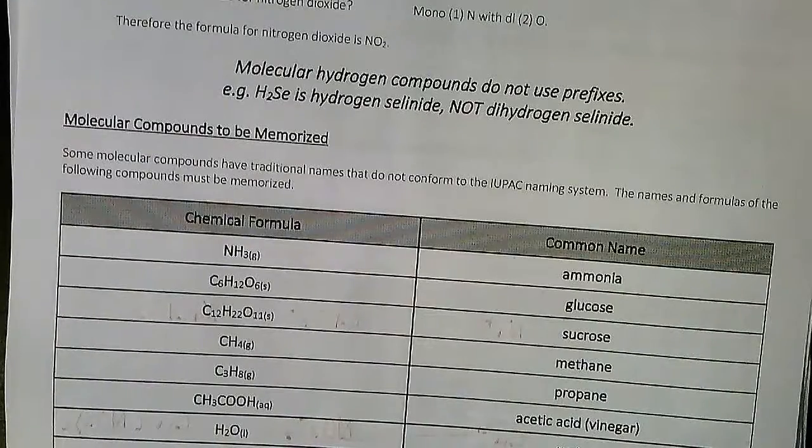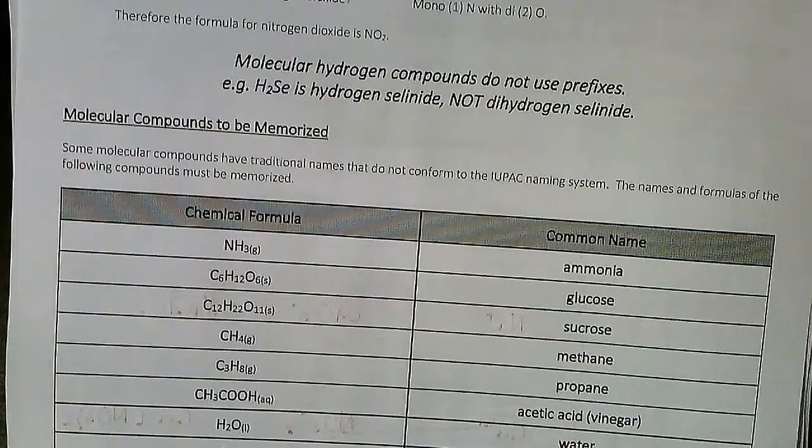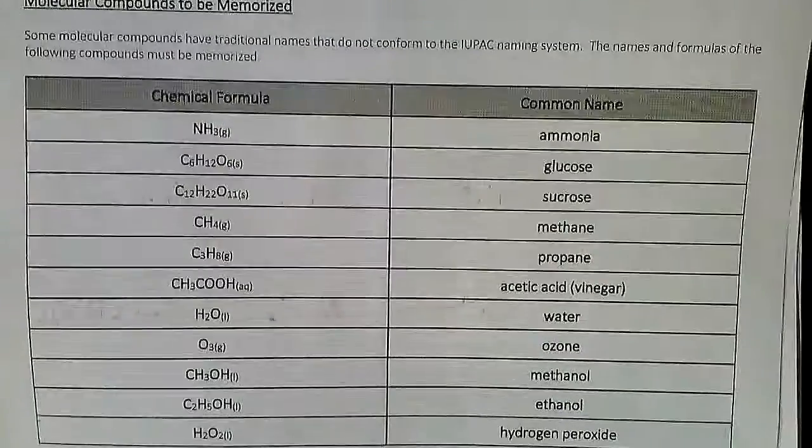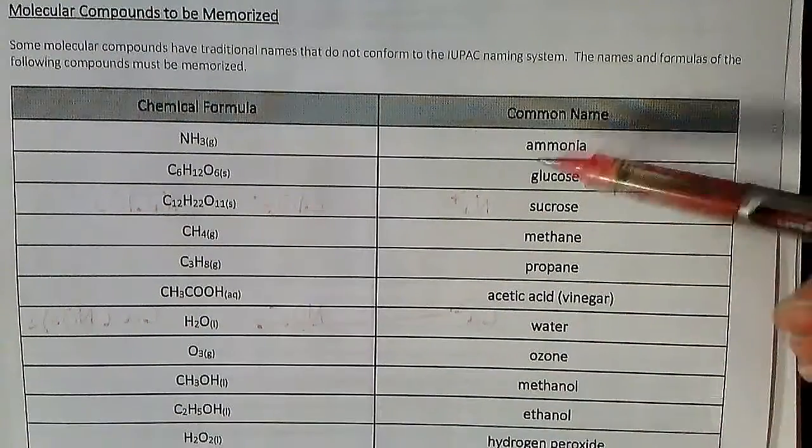Some of these molecular compounds are really common, and it's really beneficial to you if you can be familiar with them and recognize them. They're not usually named using prefixes, but rather by these names shown here.